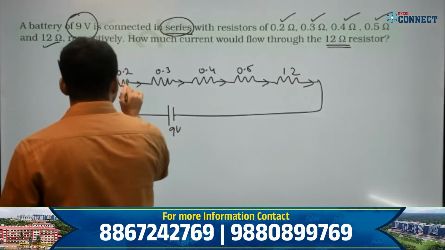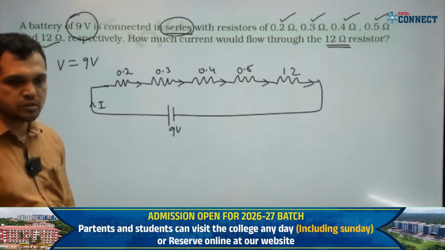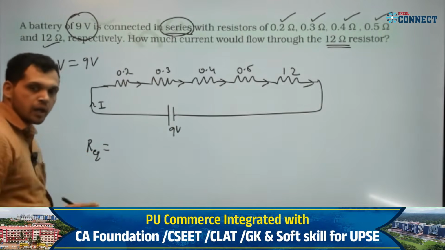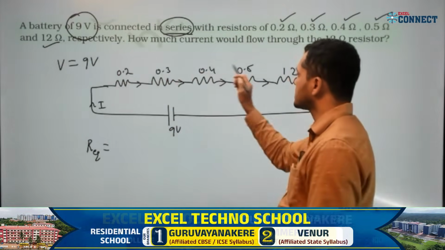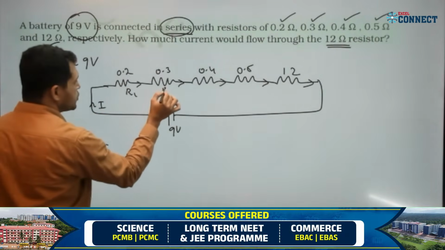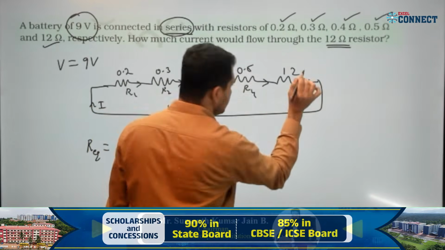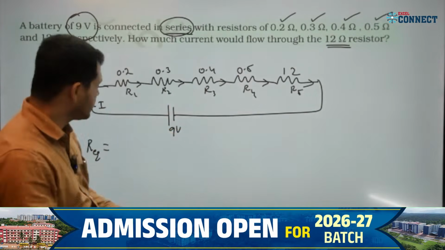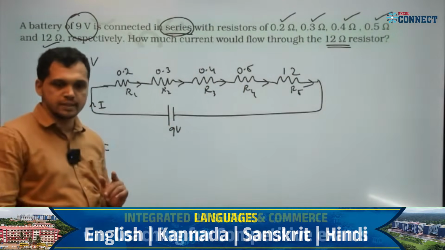Now, first what I have to write? The equivalent of these 5 resistors I have to find first. R equivalent is R1 plus R2 plus R3 plus R4 plus R5. There are 5 resistors in series.